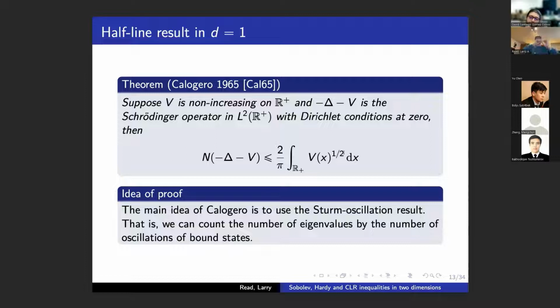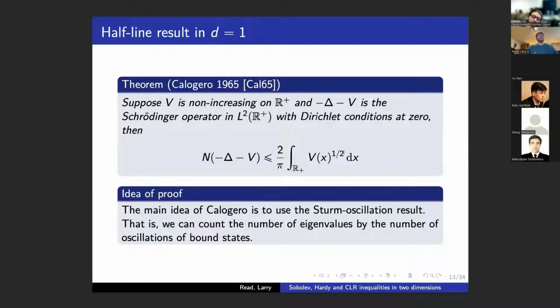So your ground state, for example, is generally positive, has no oscillations. Your second eigenfunction would have to be orthogonal and therefore has one oscillation. Your third eigenfunction again has 2 oscillations, and so forth.